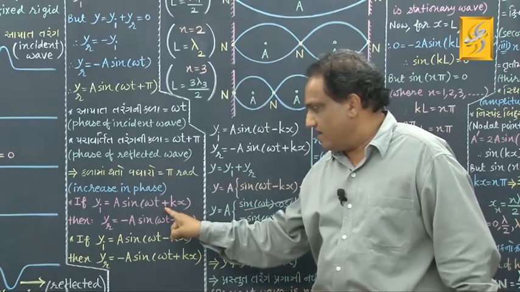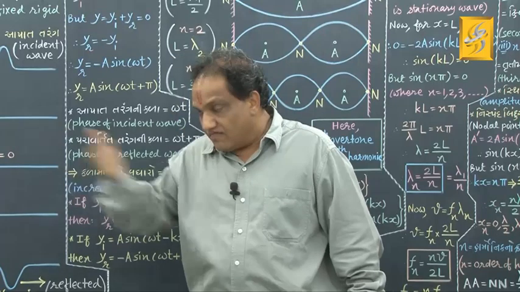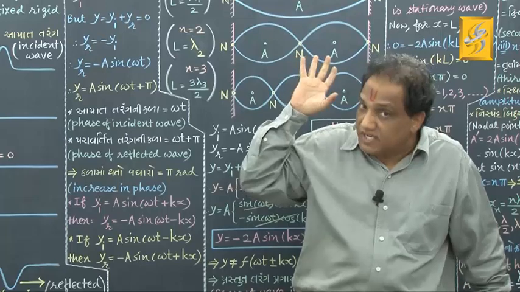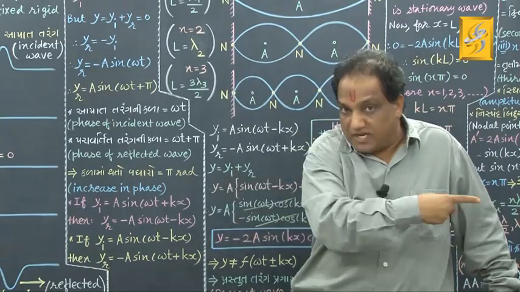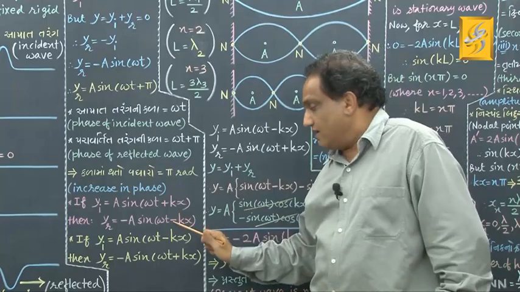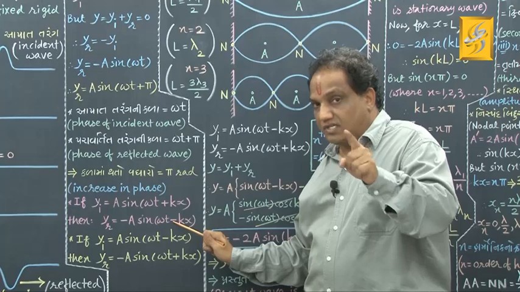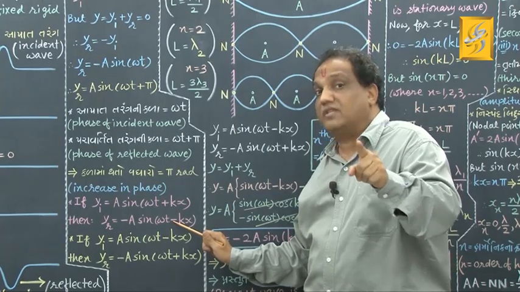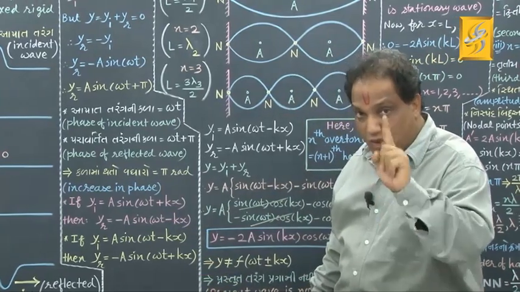But if the incident wave is propagating along the negative x-axis, then after reflection the reflected wave will propagate towards the positive x-axis. And for a wave propagating towards the positive x-axis, here it should be a negative sign, correct? So you must revert the direction of propagation and you must revert the shape, okay? So there are changes in sign at two places.